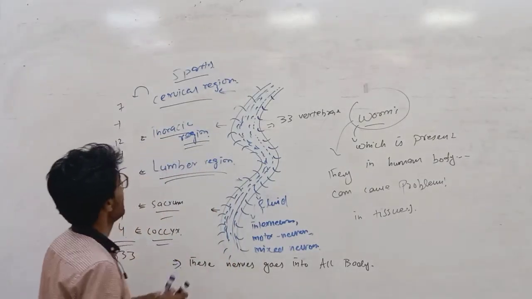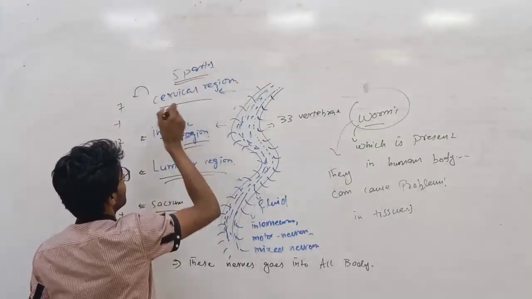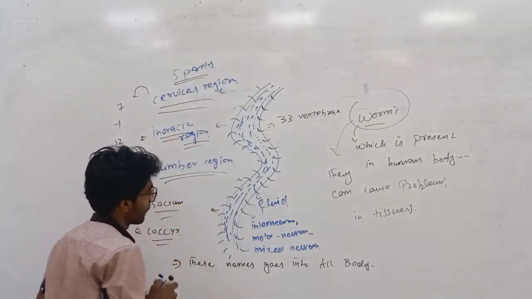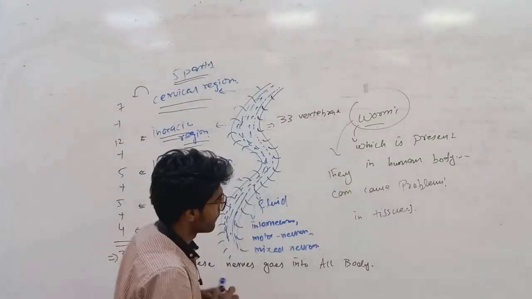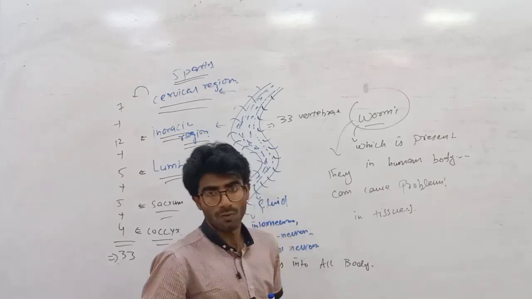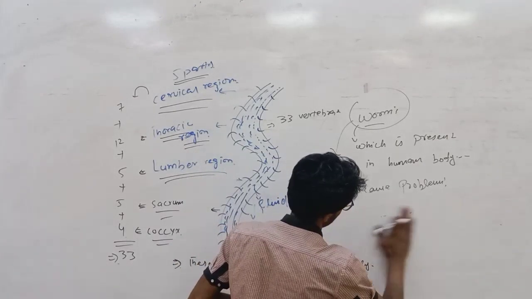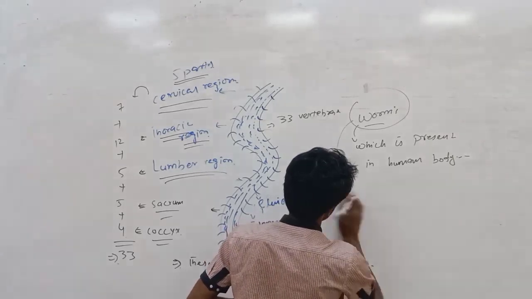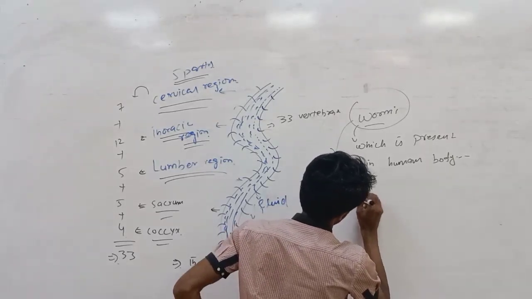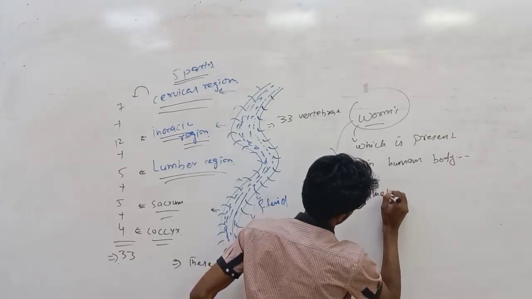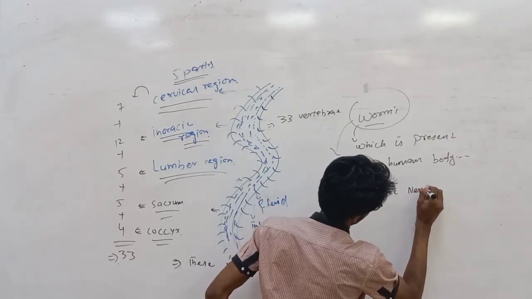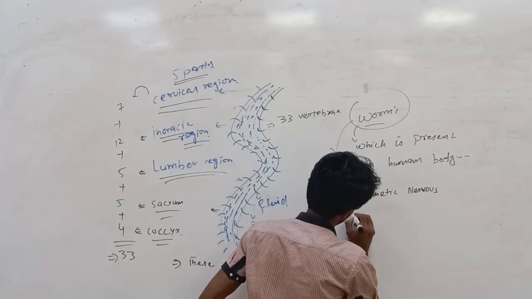So guys, remember all these concepts about the vertebral column. Innervation goes in two forms: one is known as the sympathetic nervous system, the other the parasympathetic nervous system.